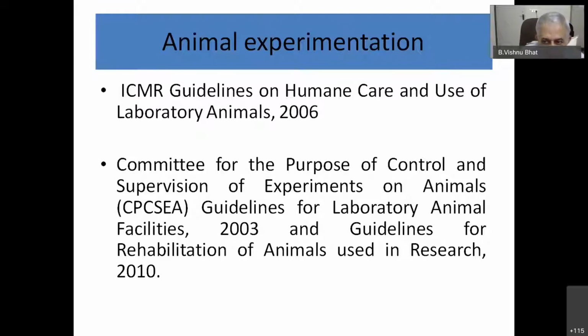Their feeding should be clean. All this has to be monitored by the animal ethics committee members whenever they come for your meeting. So they also have a responsibility, and the report has to be sent to the CPCSEA from time to time. If they find anything problematic, they will remove your license. Then again, you have to go back and get your license.